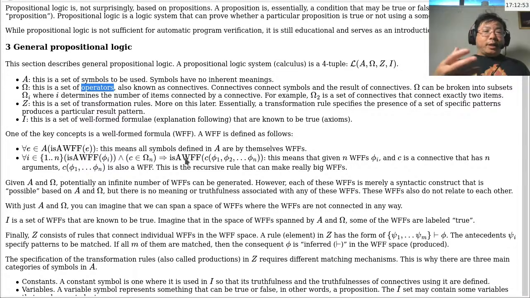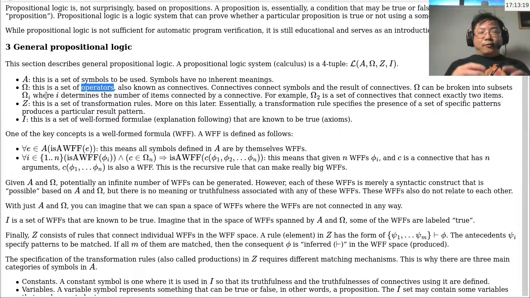So this is where the definition of well-formed formula is recursive. At the ground state, the ground well-formed formulae will be simply elements from alpha. That's where you start. And then using the connectives, which are basically just operators, you can form larger well-formed formulae.